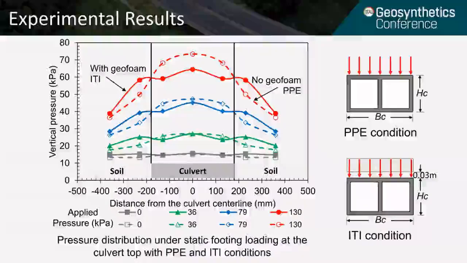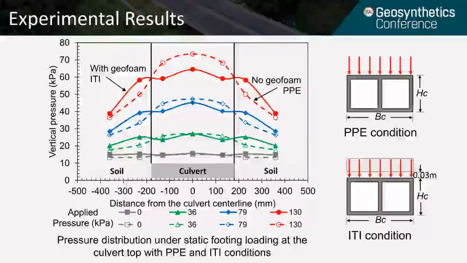So from the experimental result, what we're seeing here is that in the case of no geofoam, the PPE, positive projecting embankment, we have higher pressure above the culvert, especially in the middle, which reached about 75 kPa vertical pressure. However, when we used geofoam above the culvert, we reduced the pressure by about 10 kPa in the middle of the culvert, in which it was about 65 kPa.